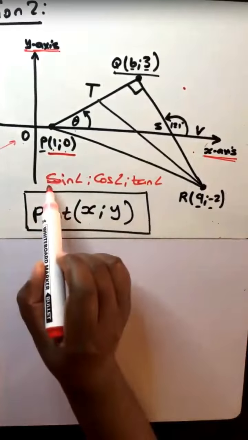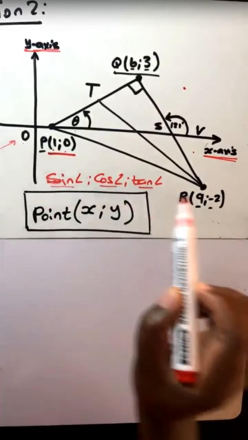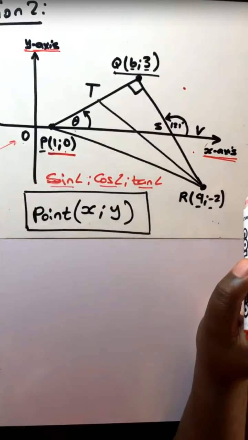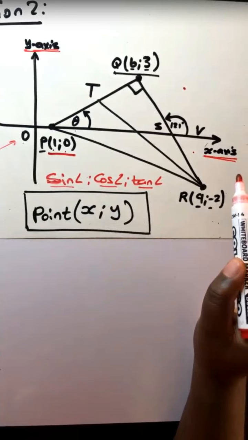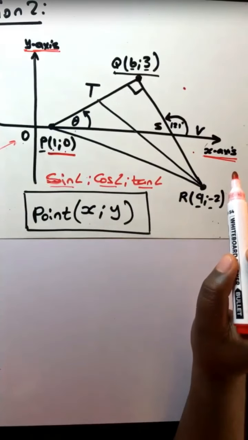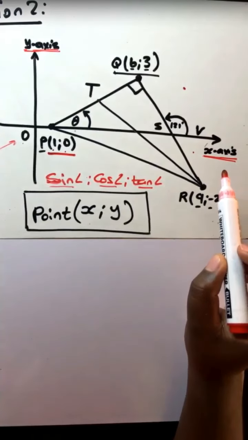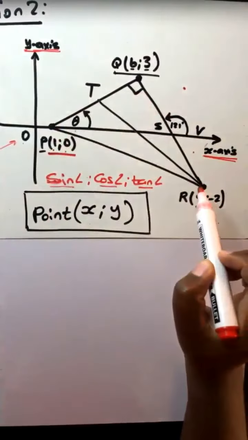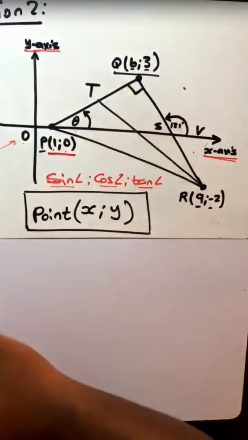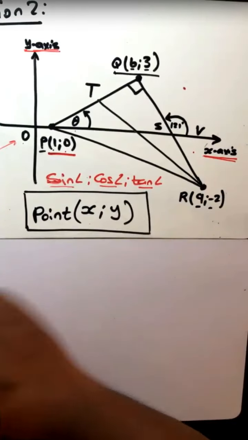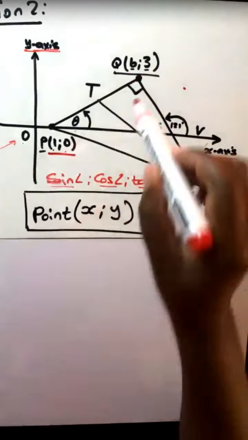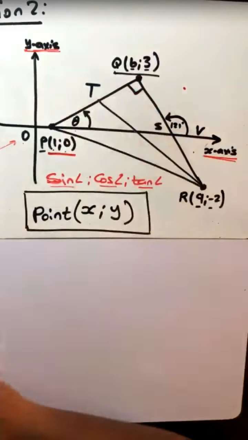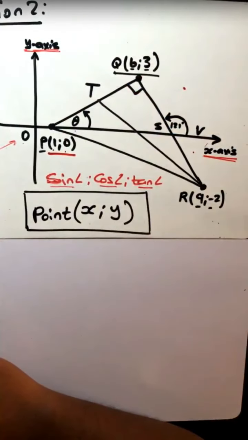Good people, 1, 2, 3 are called trigonometric ratios, and you can only use them if you have a right-angled triangle. What is a right-angled triangle? It's a triangle where one interior angle is 90 degrees. Otherwise, if they don't say that that point is 90 degrees, then this is what they are going to do to show that this is a right-angled triangle.